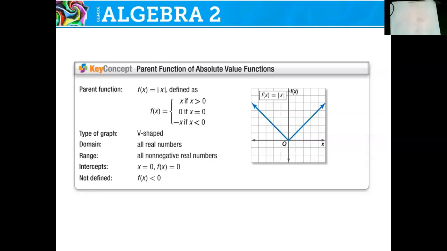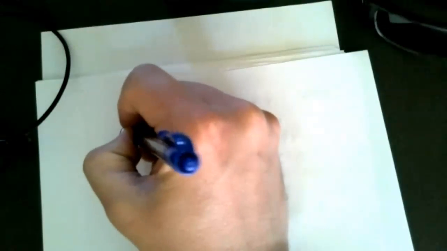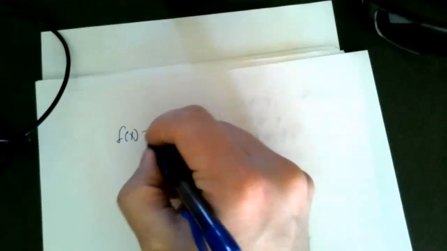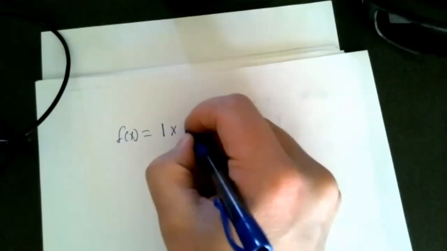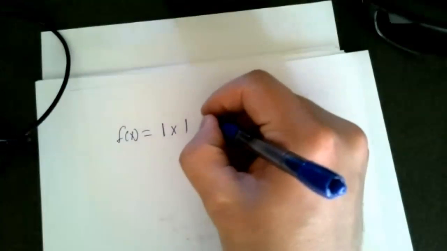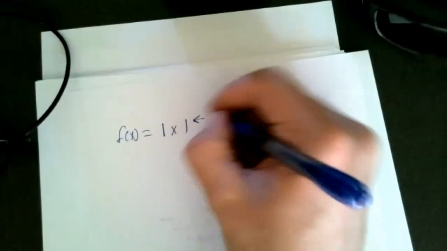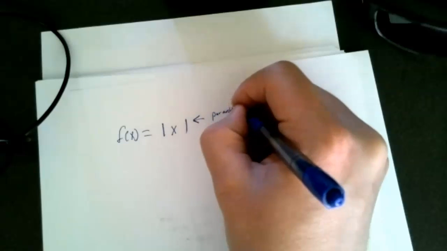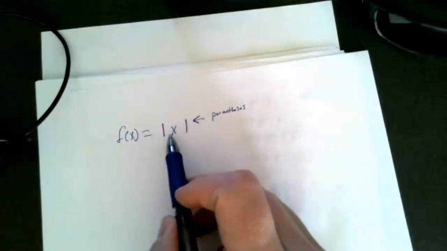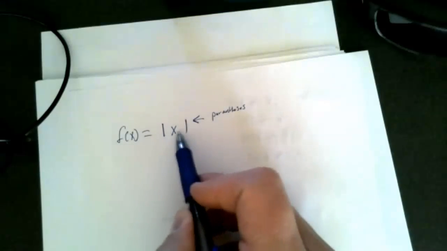Absolute value functions are presented as f of x or whatever variable they choose, with one bar around the variable. What we have to understand is that in order of operations, these are treated as parentheses, so we take care of whatever happens inside first.